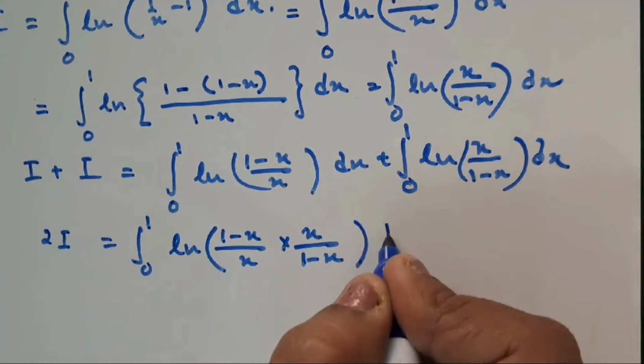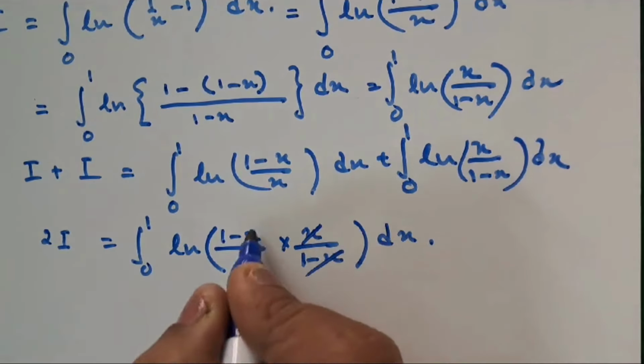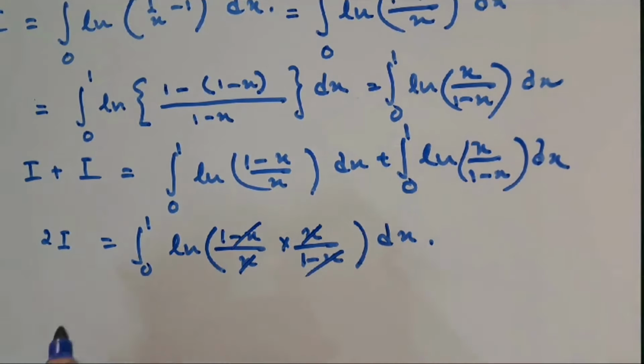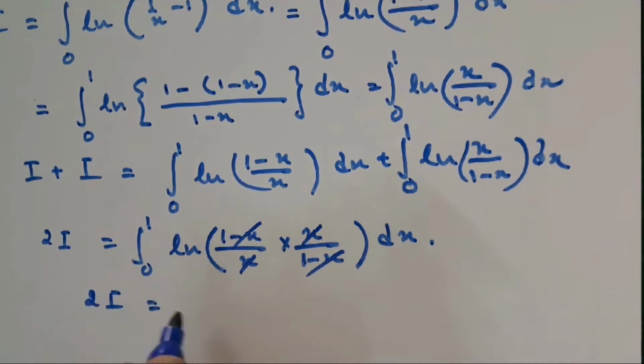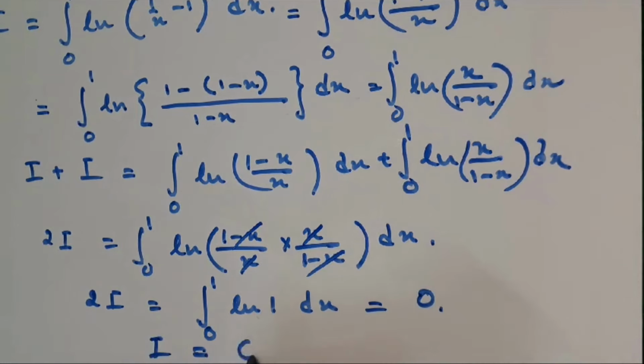Now here you can see x and 1 minus x get cancelled. So 2I is equal to integration 0 to 1 ln of 1 dx. Now we know that log of 1, with base anything, is 0, so this becomes 0. So from there we can say I is equal to 0.